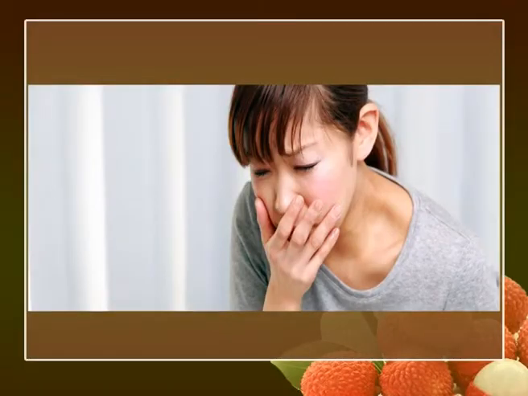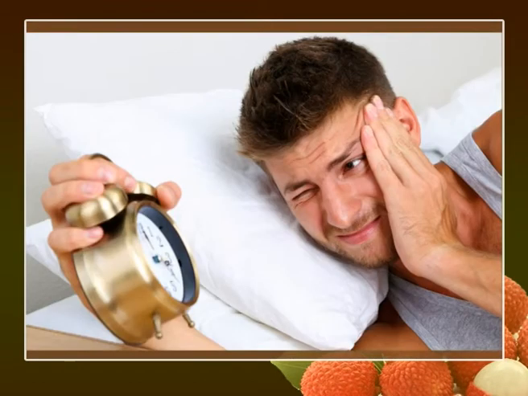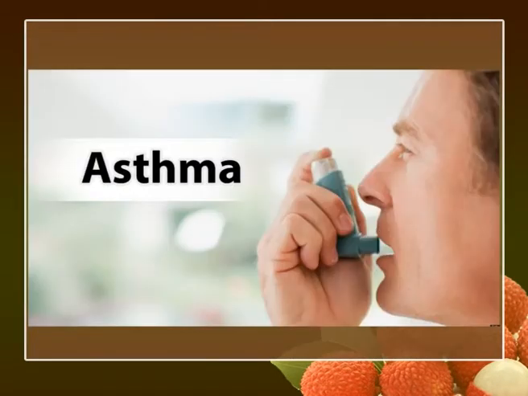Pyridoxine plays a very crucial role in the metabolism of carbohydrate, fat and protein. It helps in the production of antibodies and red blood cells and smooth operation of the nervous system. Vitamin B6 is mainly found in banana and watermelon. Its deficiency may result in nausea, irritability, insomnia, dermatitis, asthma and allergies.